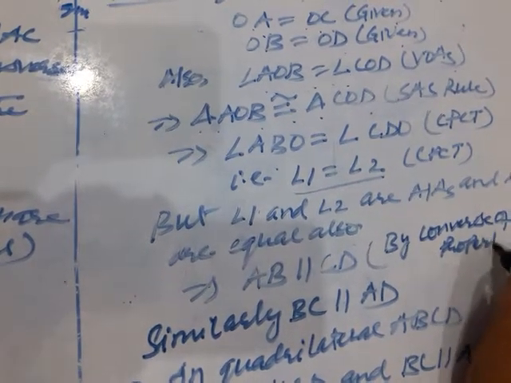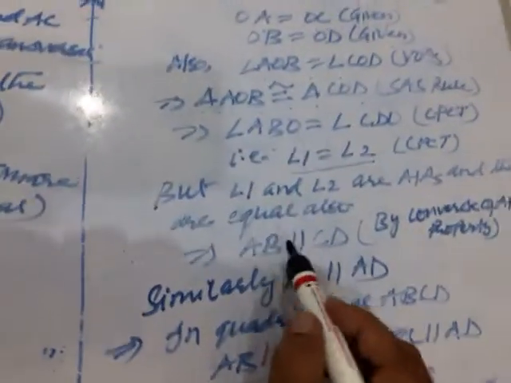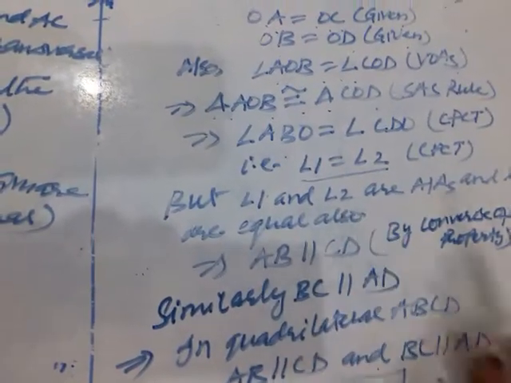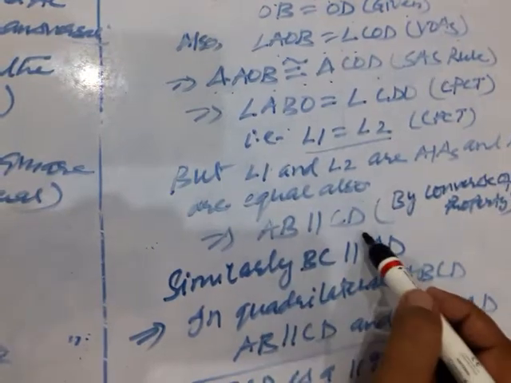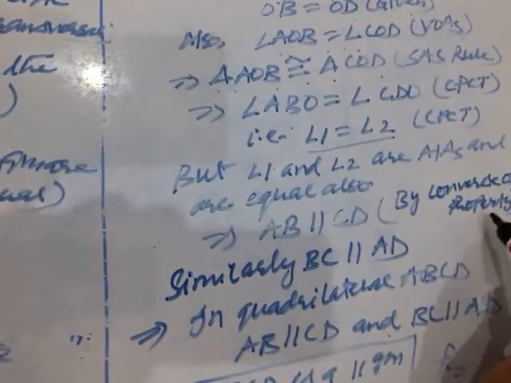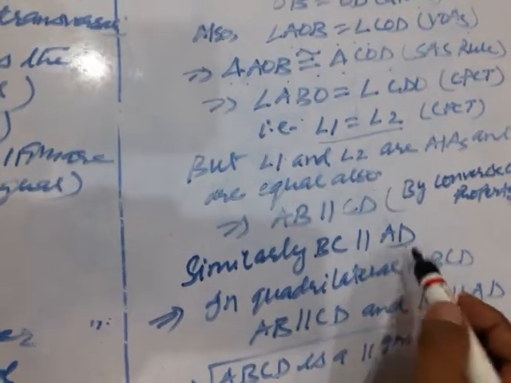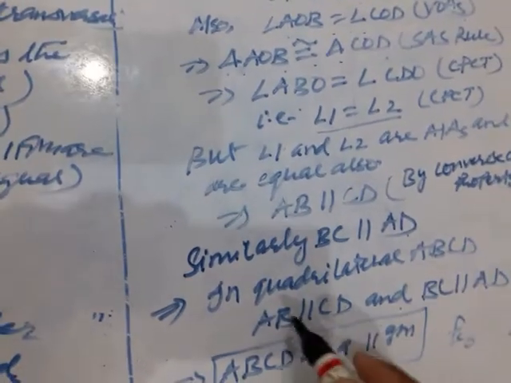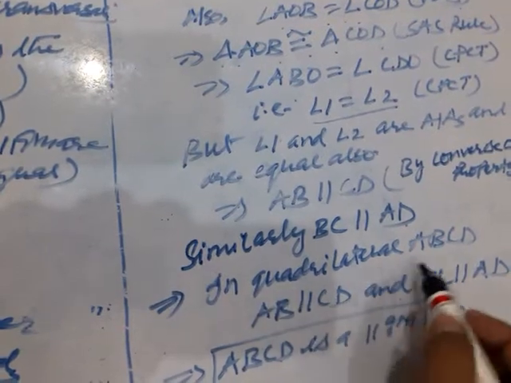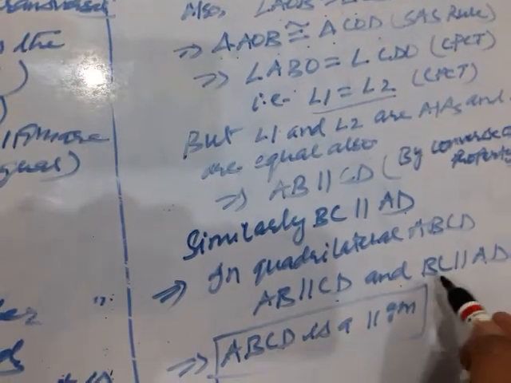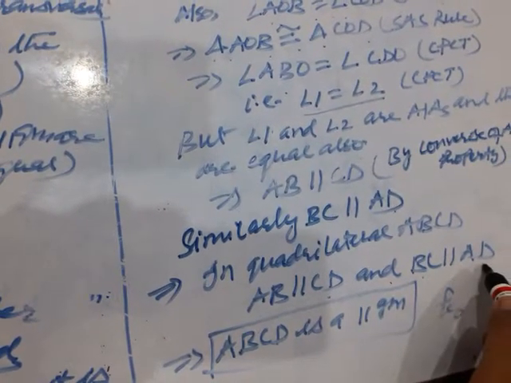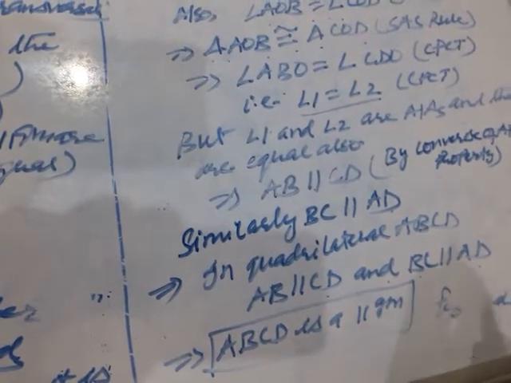Okay, children, what is this property known as? When angles are equal and they are alternate interior angles, then AB is parallel to CD by converse of alternate interior angle property. Similarly, BC is parallel to AD by the same property. Clear? So now in quadrilateral ABCD, AB is parallel to CD and BC is parallel to AD. This implies that ABCD is a parallelogram.